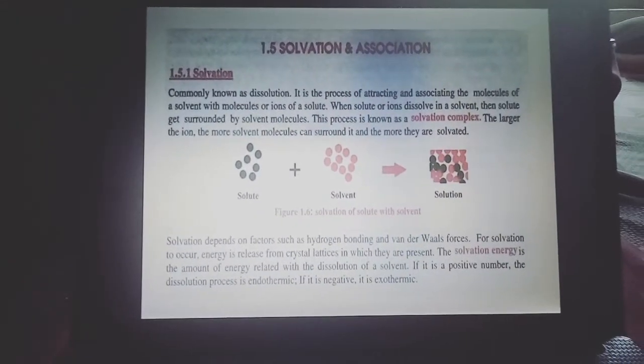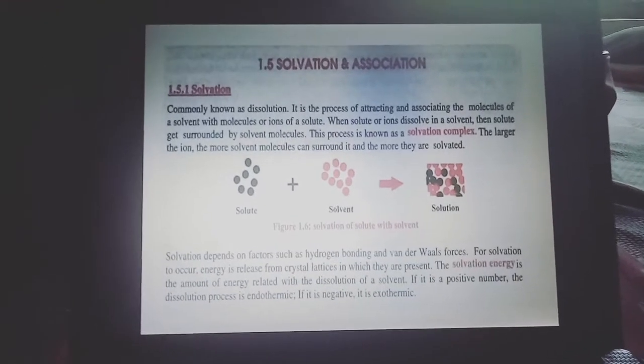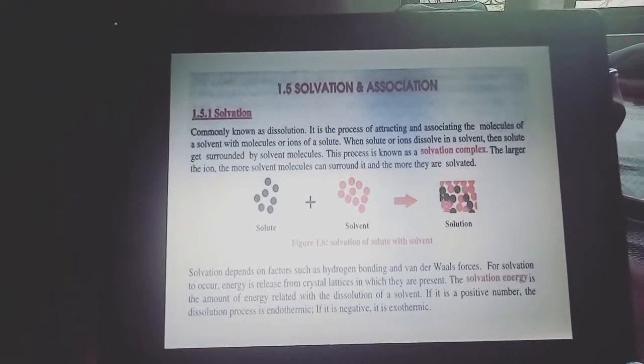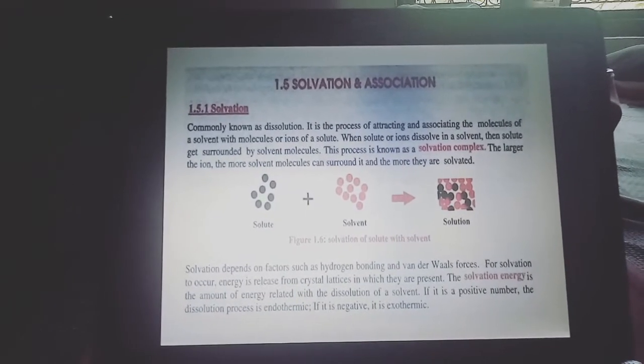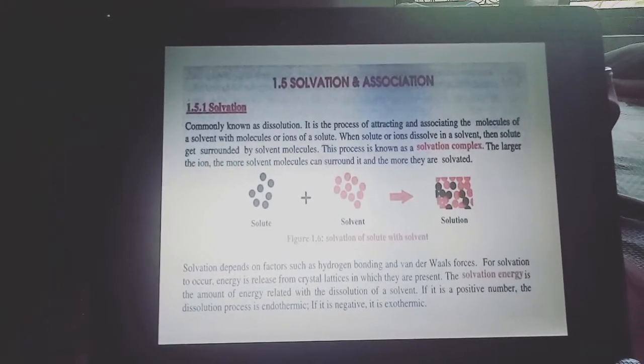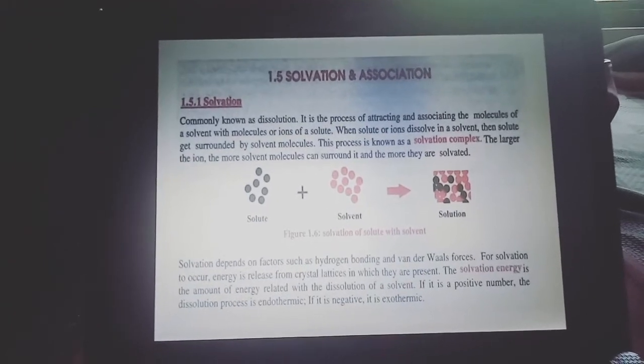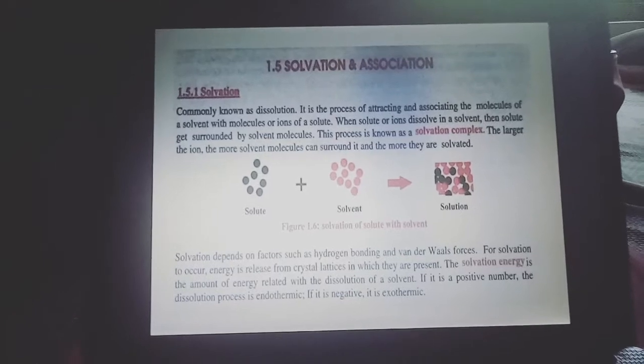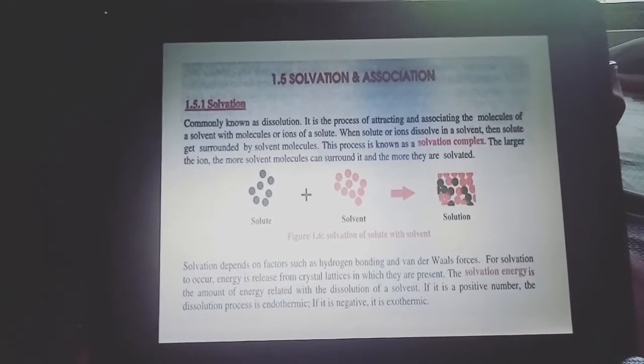Next topic is solvation and association. Students, commonly it is solvation. First of all we will discuss. Solvation is also called dissolution. Okay, dissolution is a process of attracting and associating the molecules of a solvent with the molecules of solute.